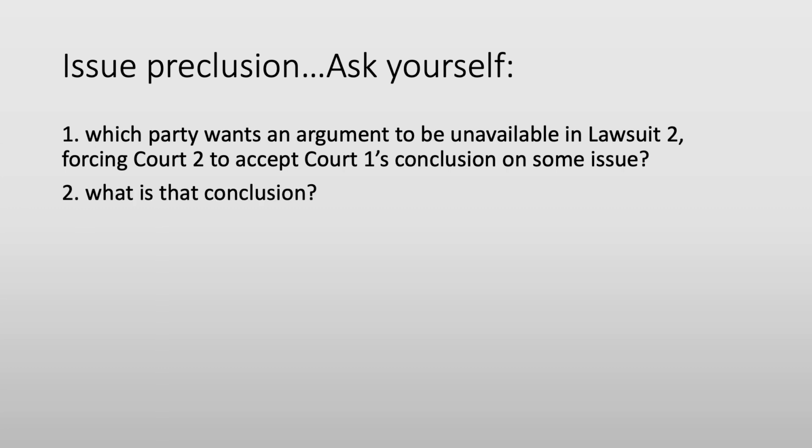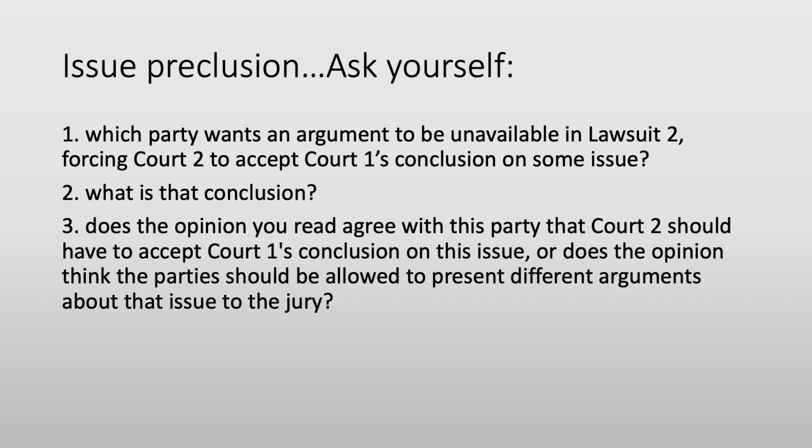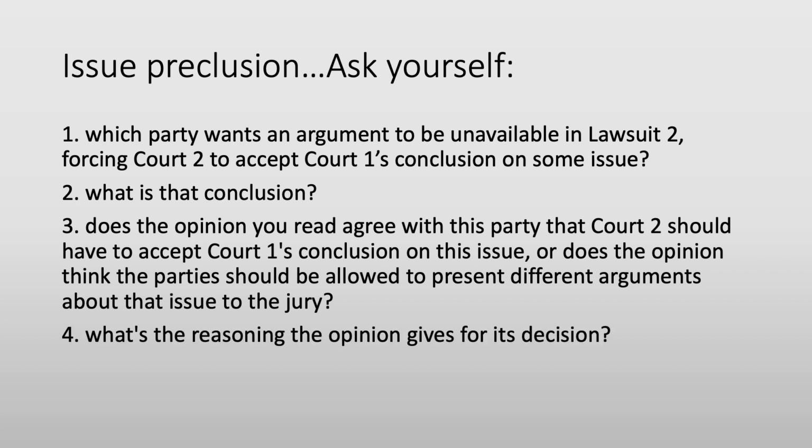What is that conclusion? What did court number one conclude about that issue? The opinion you're reading, does it agree with this party that court number two should have to accept court number one's conclusion about that issue? Or does it think that the parties should be allowed to present different arguments about that issue to the jury? And why does it think so?